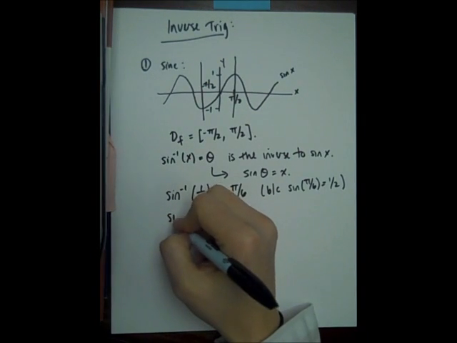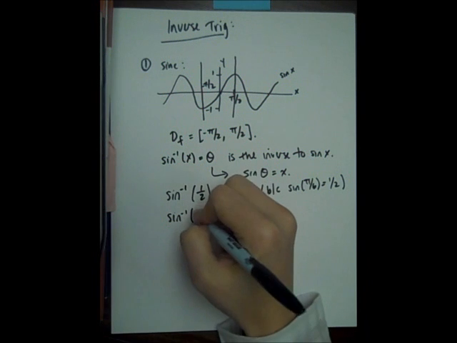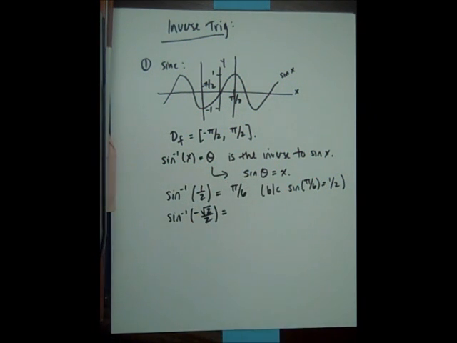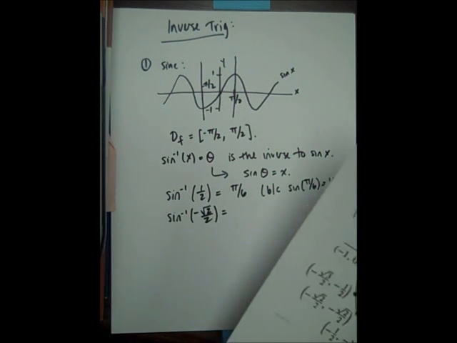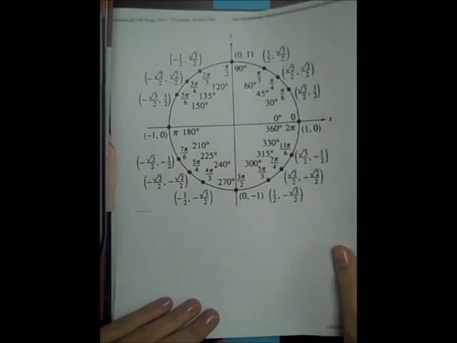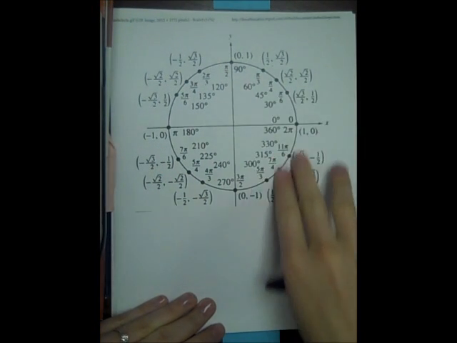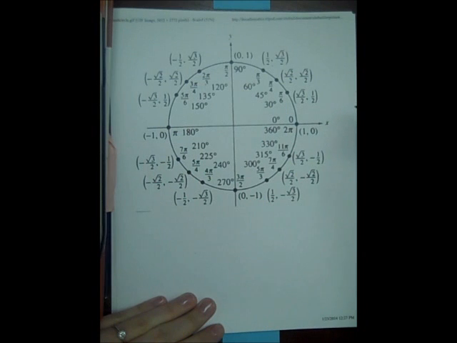Let's do one more. How about sine inverse of -√2/2? I'm saying what angle gives me that sine is -√2/2. So let's look back at our unit circle. For sine, we look at the right-hand side, so all of these. Where is my y-coordinate -√2/2?